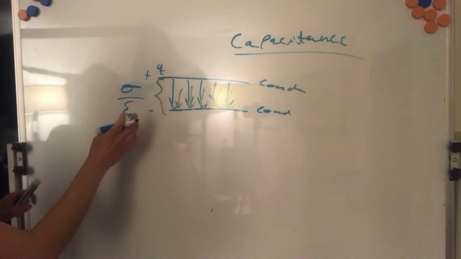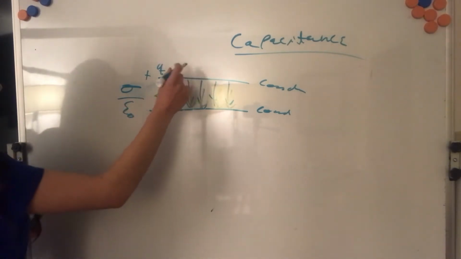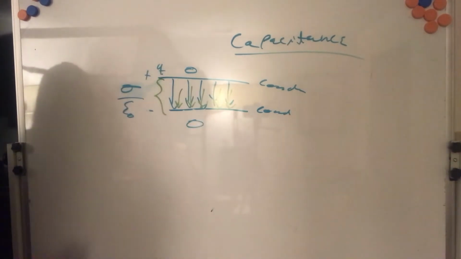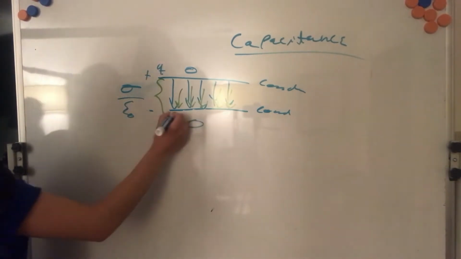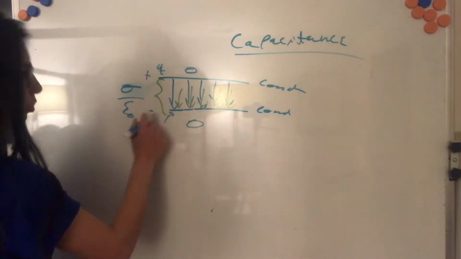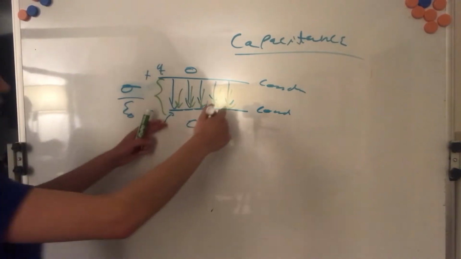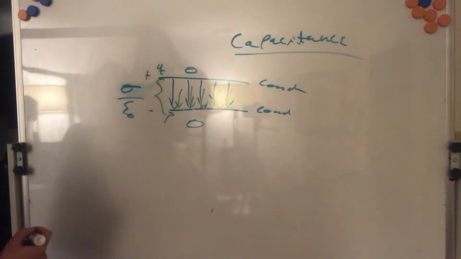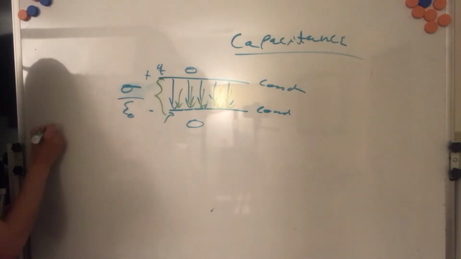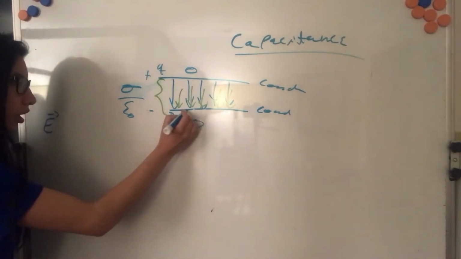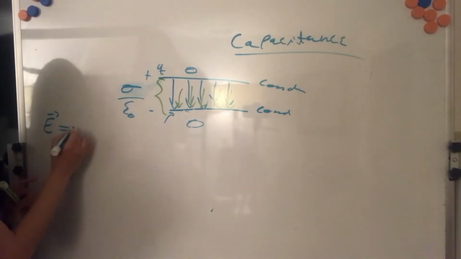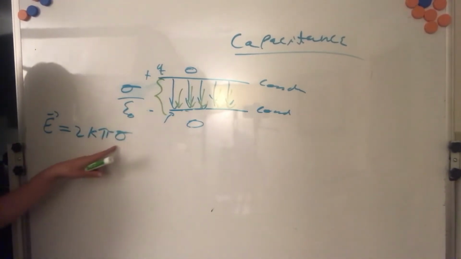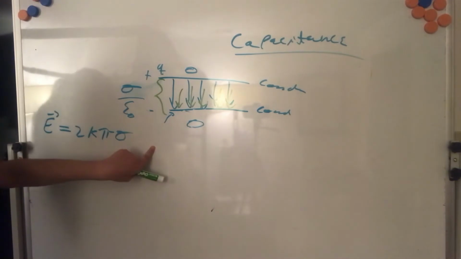The electric field will also be approximately 0 here and approximately 0 here. The electric field due to only one plate, if we take it as an infinite plate uniformly charged, is 2 times Coulomb's constant times pi times the surface charge density.